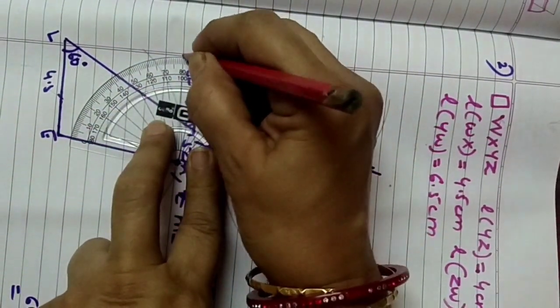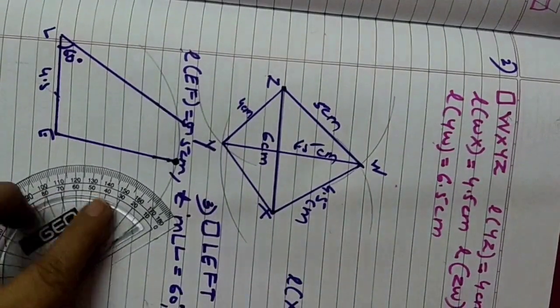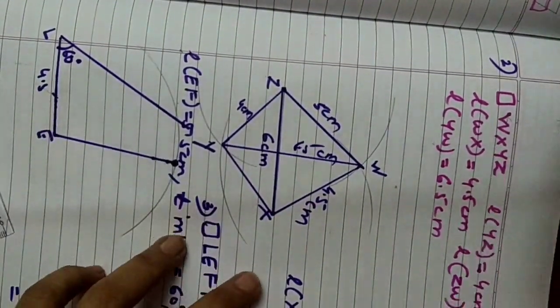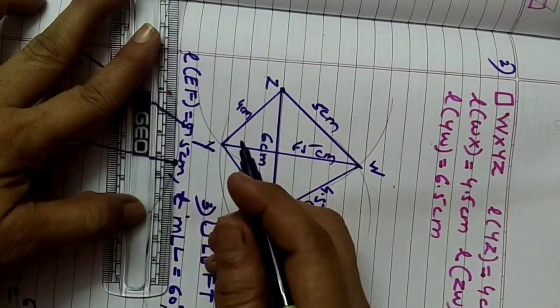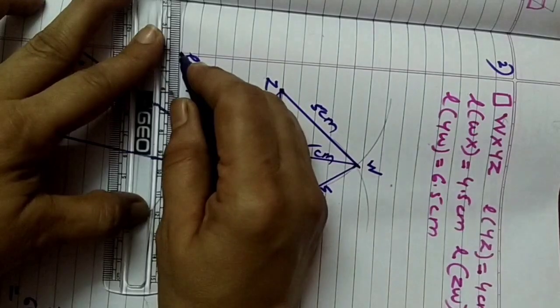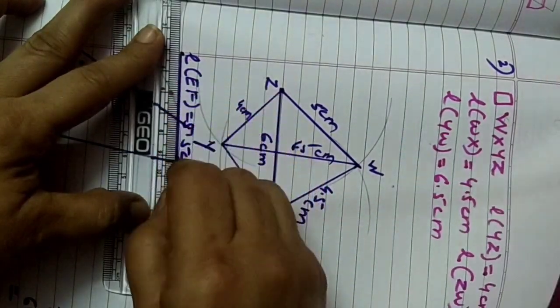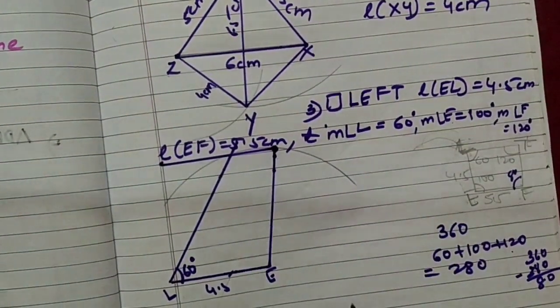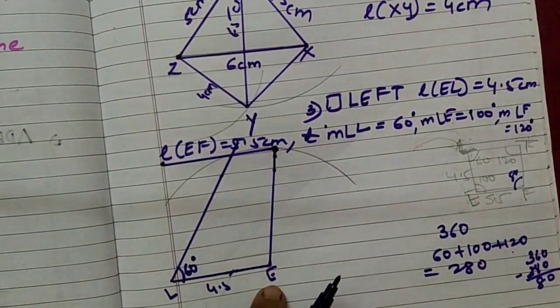It is over here. Now, starting from this point, I will join with the help of the scale. See, this is my angle of 80. Here I have marked it. So I join. This is E, and then this is F.